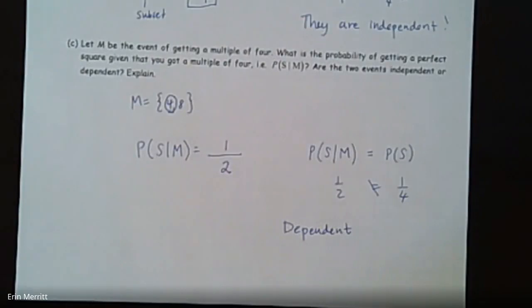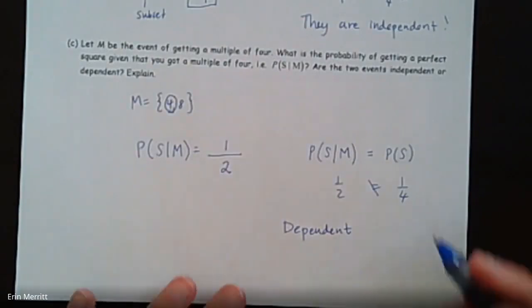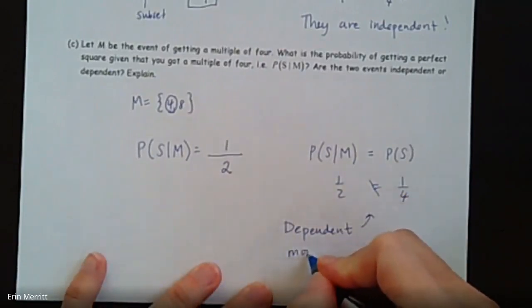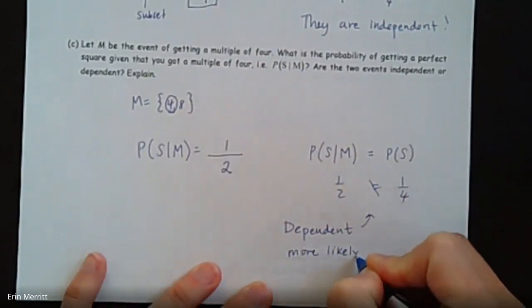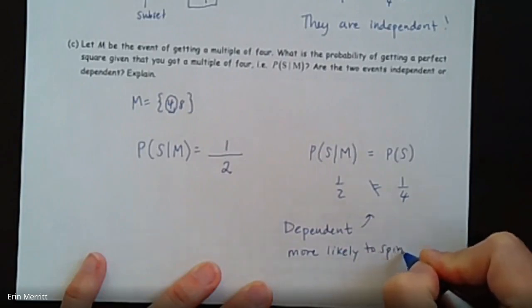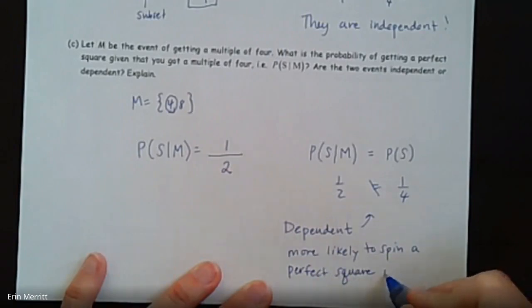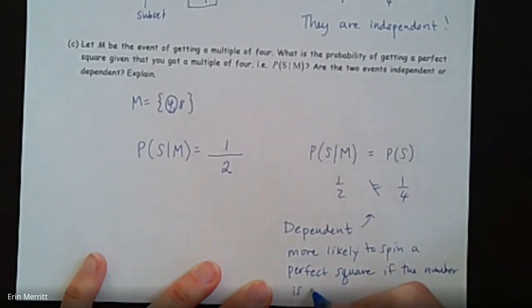There we go. It says explain. Well, hopefully that's kind of our explanation here. You can say you're more likely to spin a perfect square if the number is a multiple of 4.